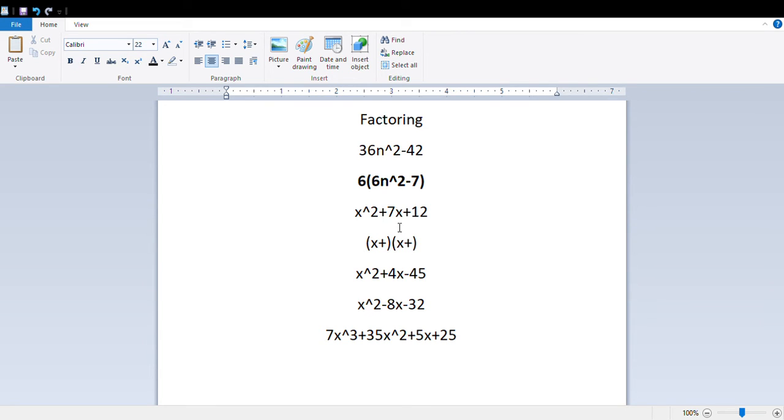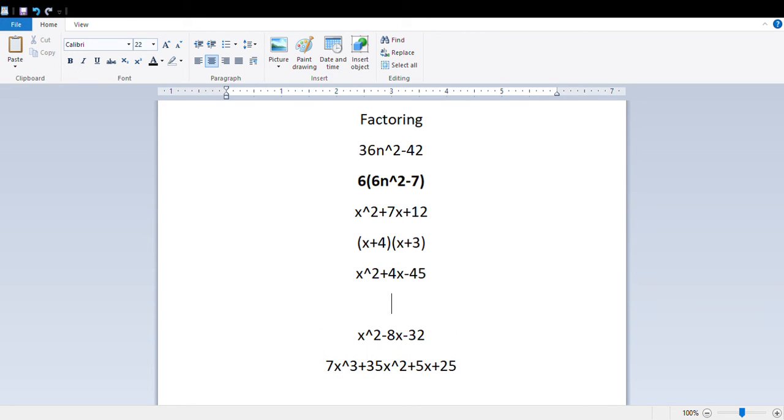What are these values? 4 and 3. That's what your values are. If you want to check your answer, you can just multiply these together using FOIL that I've done in several other videos, and you'll find that's the answer you get. That's a quick way to figure it out.